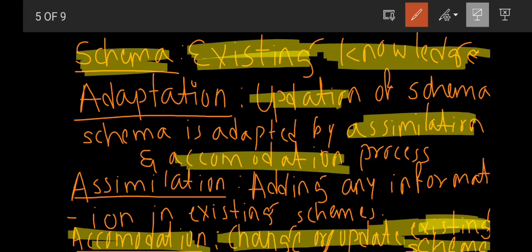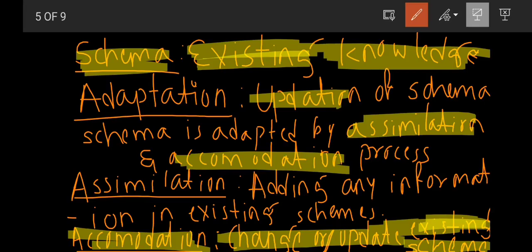Now in accommodation he has to update his existing schema: not everything that flies is a bird, so the aeroplane is flying but it is not a bird. Like this the child has to update his existing schema. So this is schema, adaptation, assimilation and accommodation.